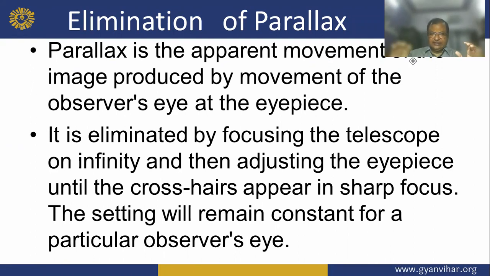It is eliminated by focusing the telescope on infinity and then adjusting the eyepiece until the crosshair appears in sharp focus, so the setting will remain constant for a particular observer's eye.